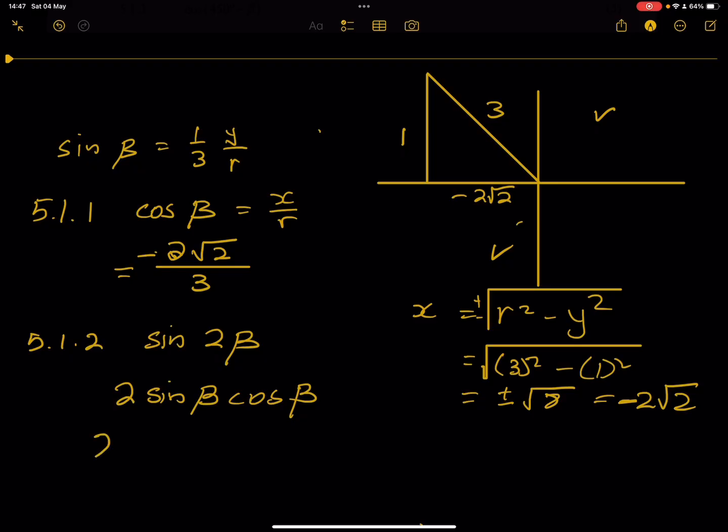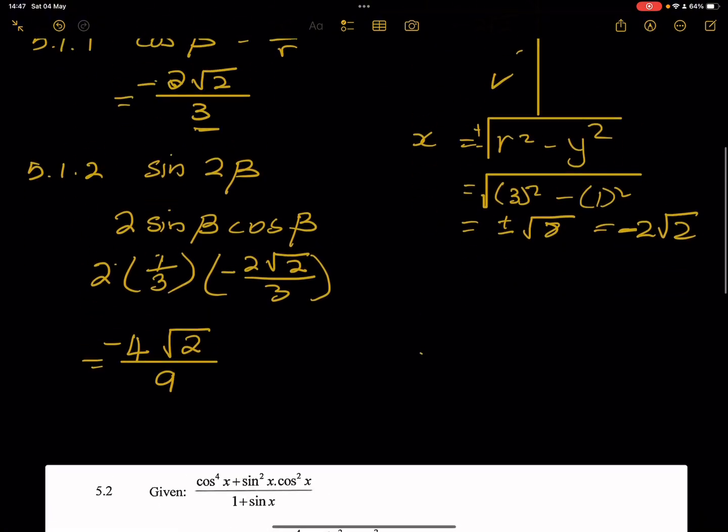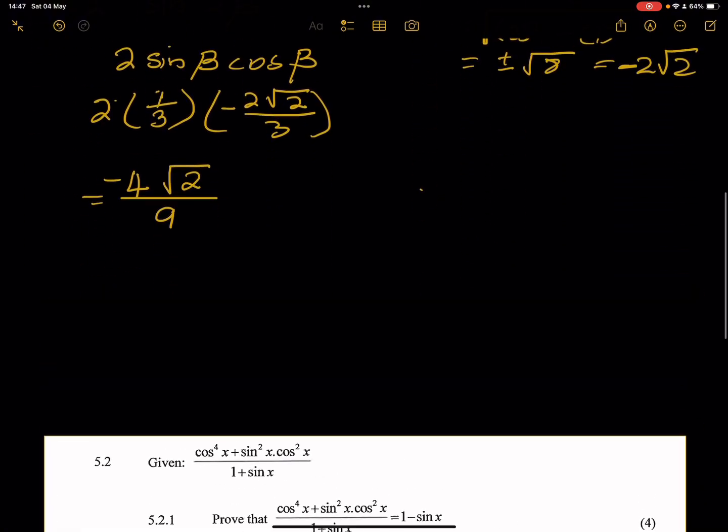So that's 2 times sine beta, which is 1 over 3, and cos beta, which we just found, negative 2 square root 2 divided by 3. If you multiply that out, that's negative 4 root 2 divided by 9. And that's how the cookie crumbles, ladies and gents. And the last one.